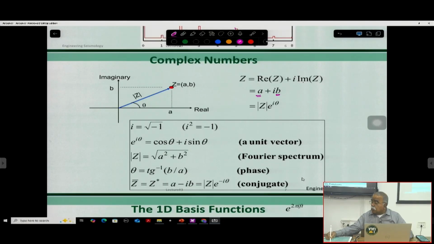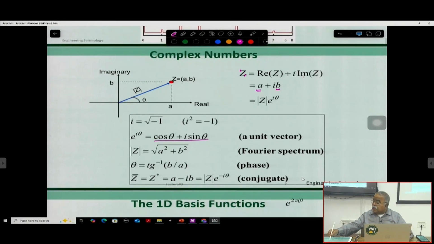So this is a complex spectrum Z, which equals the magnitude of Z times e to the power of j theta. This e to the power of j theta, or e to the power of i theta, whatever you call it, is always cos theta plus i sin theta, where i equals the square root of -1, and the magnitude of Z is the square root of a squared plus b squared.